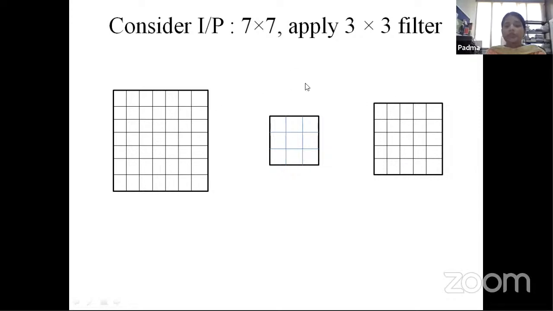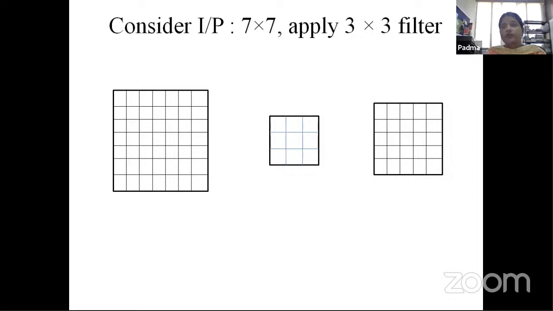So it has reduced the input size from 7x7 to 5x5. Instead, if I don't want to get a reduced size as the output image, we can apply padding.